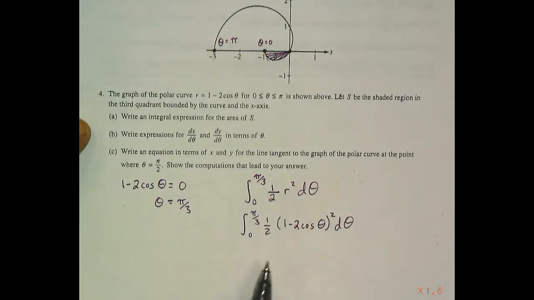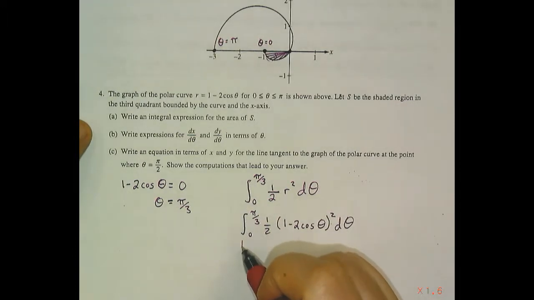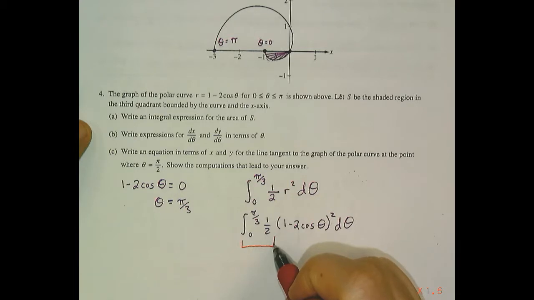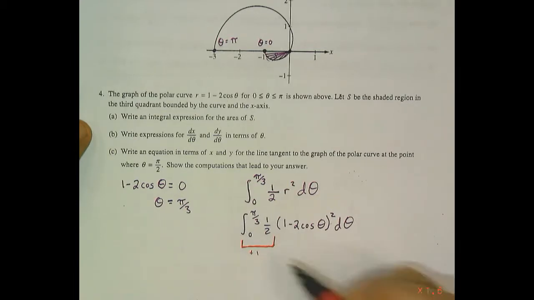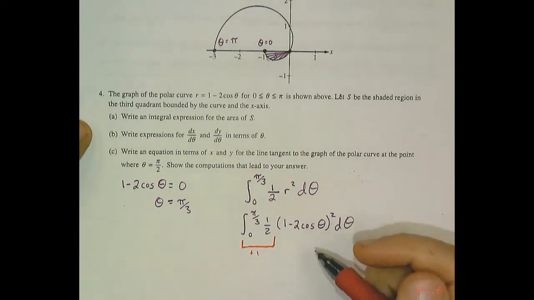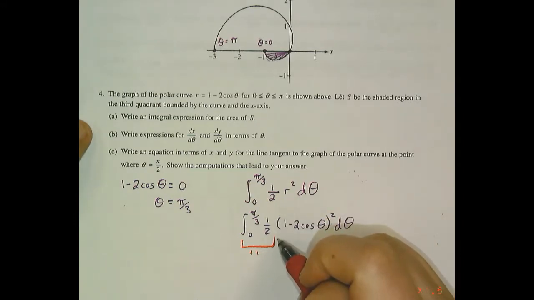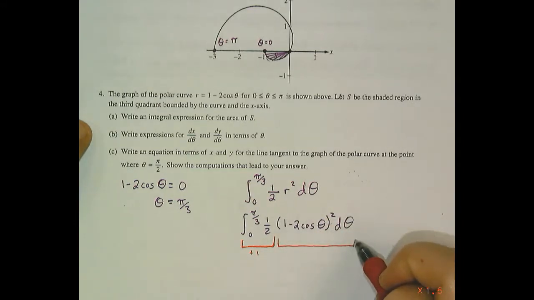Now, the 1/2 can be moved to the front, and it should be noted that they just say write the expression, do not evaluate. So you're going to get 1 point for the limits and the constant. Getting that 0 to pi thirds is worth a point. And then the second point comes from having the integrand, which is basically the r squared d theta.